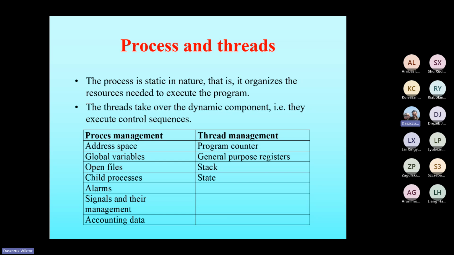Also alarms, signals and management of signals, and some accounting data, for example, some limit of time of execution. In thread management, we have registers, including the program counter. Every thread has its own program counter, so they run in parallel in the code. Each has its own stack and own state. One thread can be suspended while another is running.